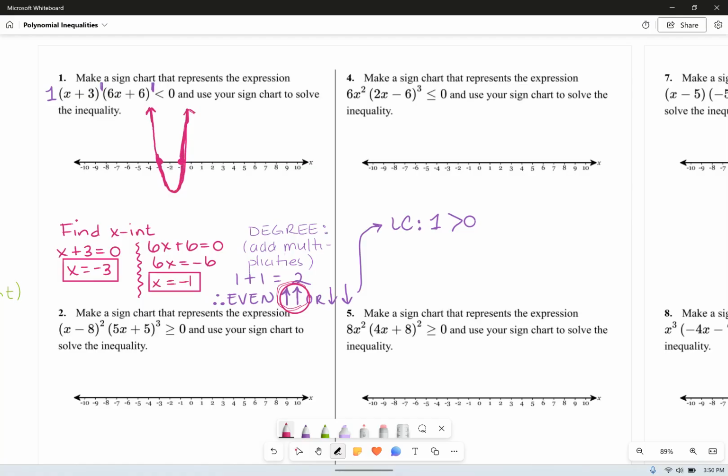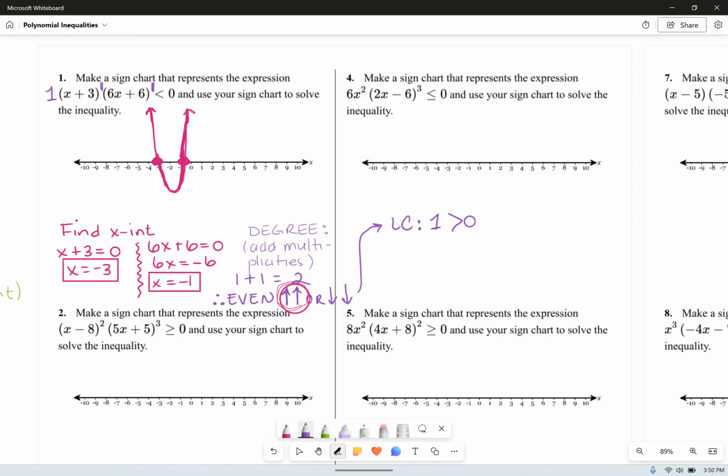Now, what does that mean in the context of our problem? Well, this is what you're going to do. In Delta Math, you will be clicking. You have to identify if the regions are above or below the x-axis. Well, from this side here, the graph is all up.